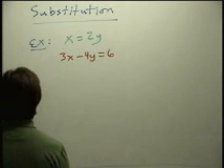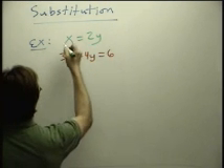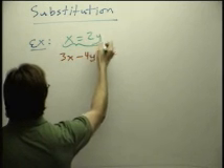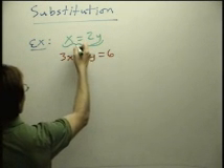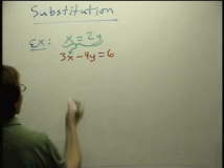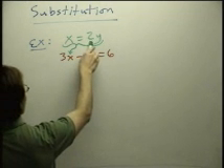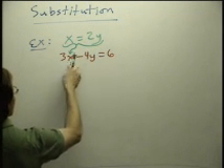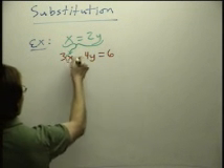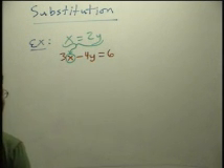So, what we can do then is take this expression, the expression that we get equal to x, and substitute it into our second equation where we see x.